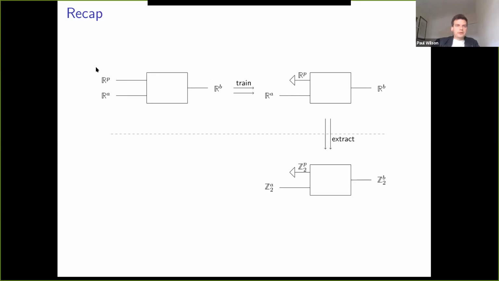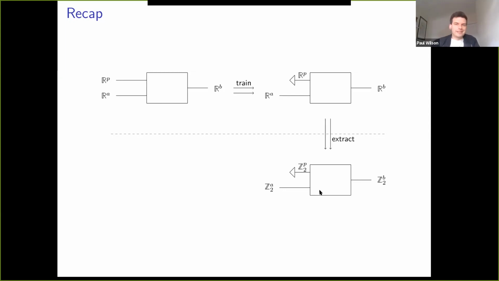We start with our untrained neural network, where we have a p-dimensional vector of reals, that's our parameters, and an a-dimensional vector of reals, that's our input. We produce b-dimensional outputs. And in training, we find some parameter vector and we cap off the parameter input to our neural network. And so our trained neural network is a function from a dimensions to b. And then circuit extraction is just like turning these reals into bits. That's a bit of an oversimplification, but that's what we're doing.